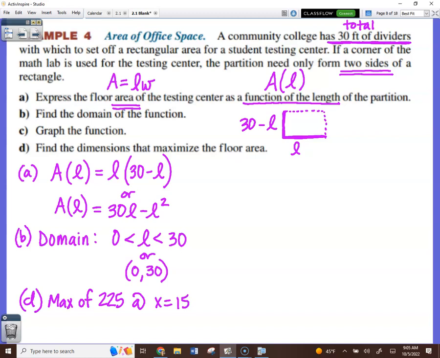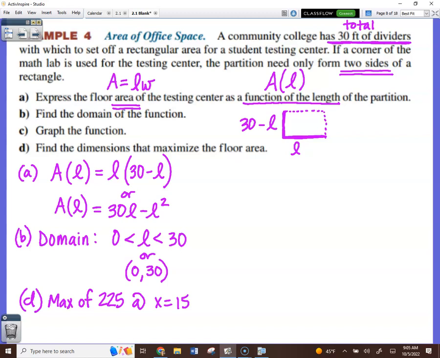I said to you, if I did 10, I'd be left with 20, right? Now find the area. 10 times 20 is 200. Okay, if I did 15, and then I'd be left with 15, find the area. 15 times 15 is 225. That's more area, right?